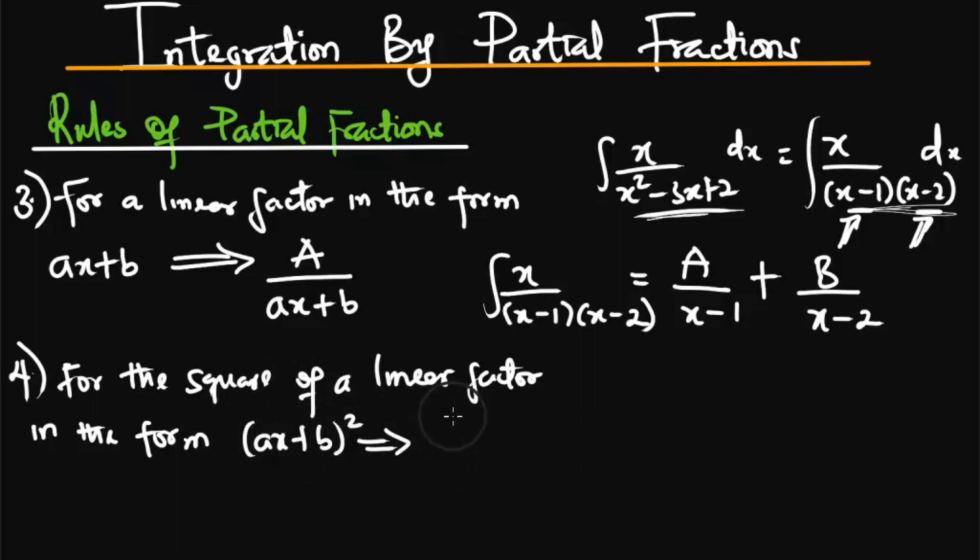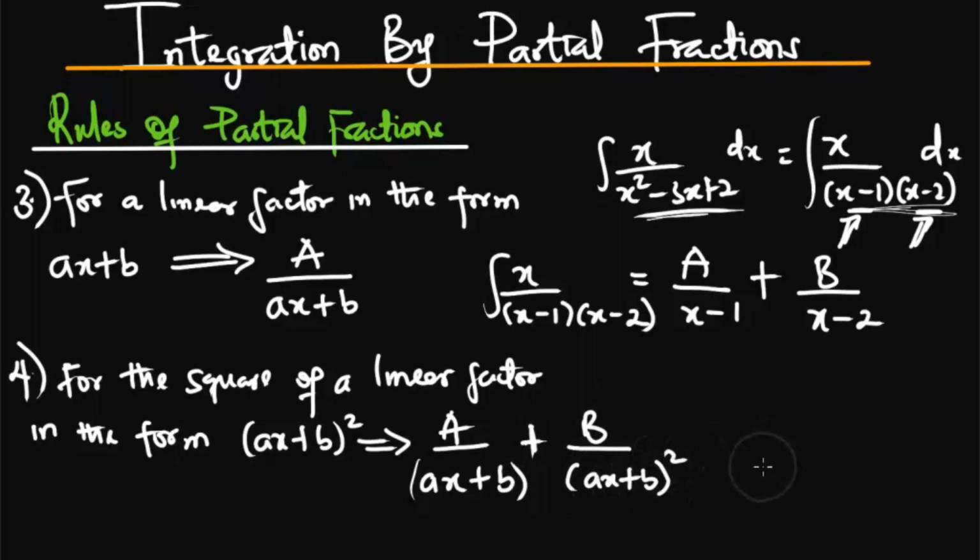We write that as a constant A over ax plus b, right, plus another constant B divided by ax plus b all squared.